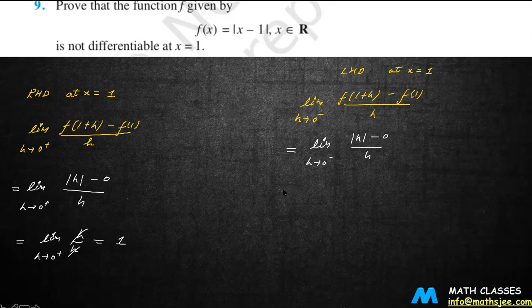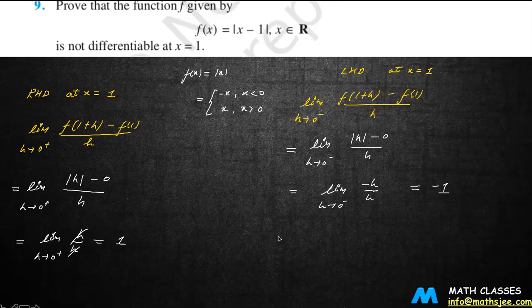And we know the property of the modulus: f of x, if it is mod x, is equal to minus x when x is less than 0, and equal to x when x is greater than 0. So I'll apply the same thing here. Limit h tends to 0 minus turns out to be minus h divided by h, and this is equal to minus 1.